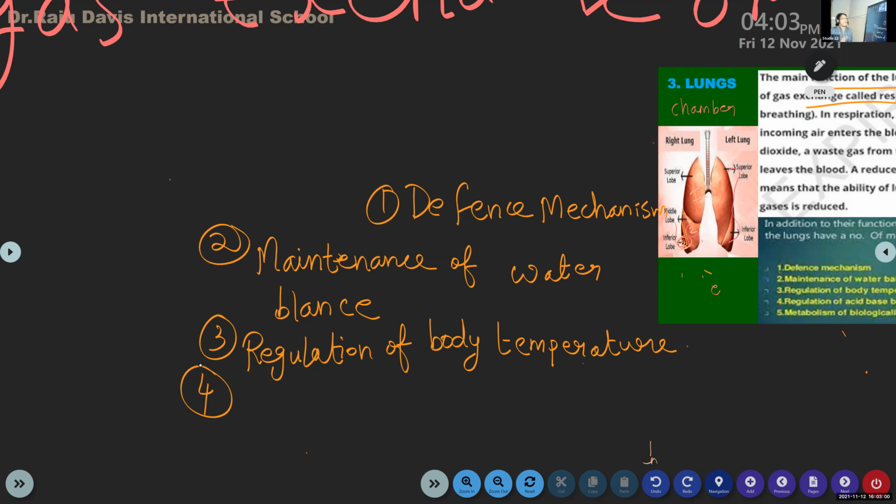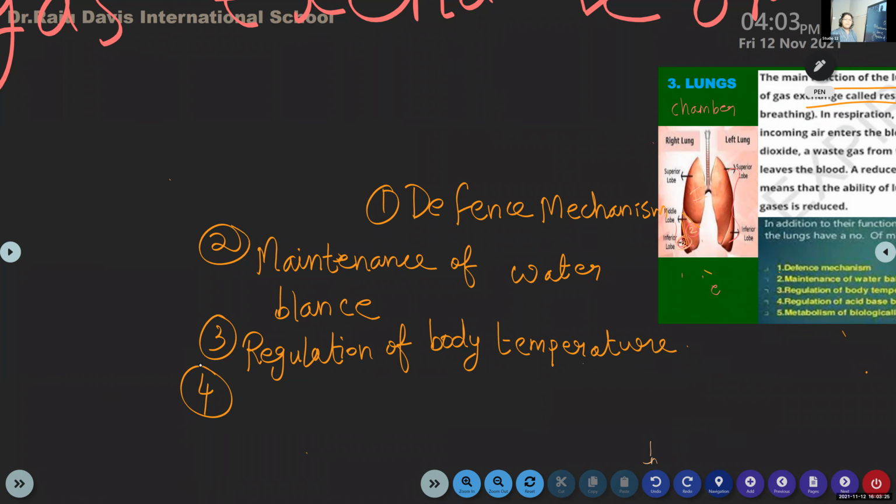Whenever you get a fever, a cold, cough, the first thing which is affected is your lungs. That is why we have more asthmatic patients. Some are genetically asthmatic. Some get asthma while living in a polluted area. So that is why the lungs have a lot of functions.